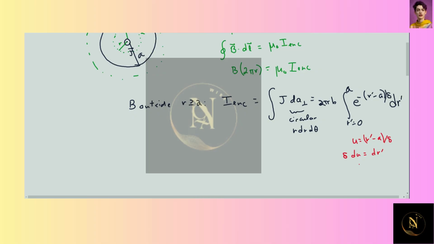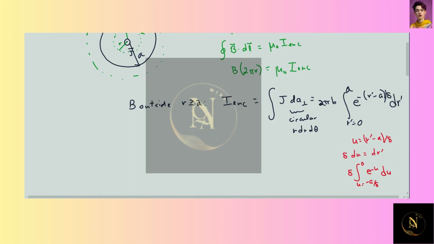And so this integral becomes the integral between u is minus a over delta up to 0 times delta e to the minus u du.